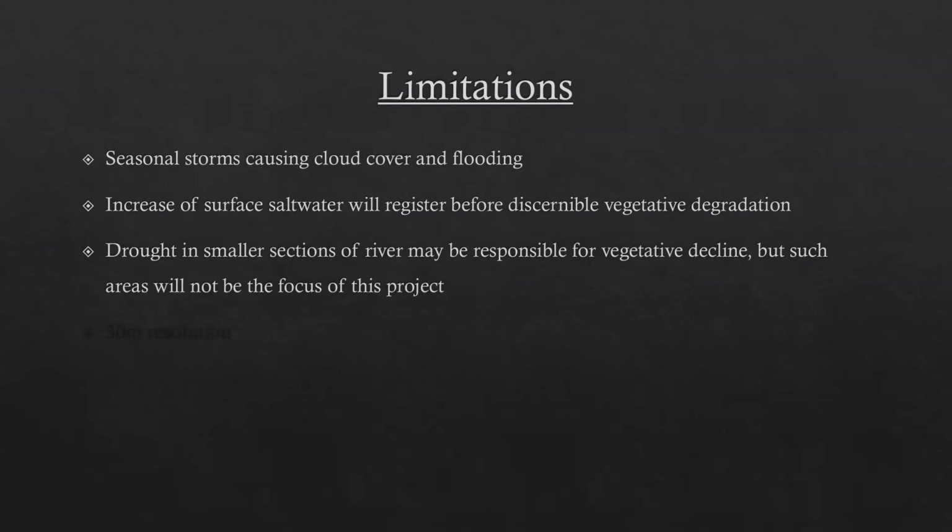So that shouldn't be a factor. But if I want to start exploring upriver using Sentinel for smaller portions, that might be something for me to keep in mind. And then 30-meter resolution is my limit on Landsat 7 and Landsat 8, so that will keep me confined mostly for the time series analysis.